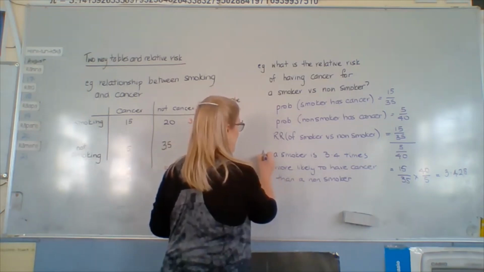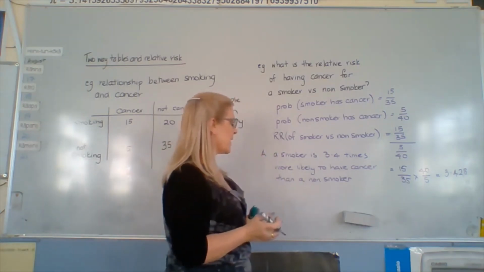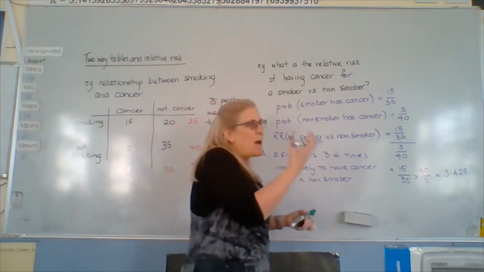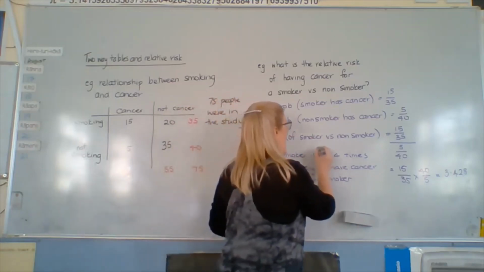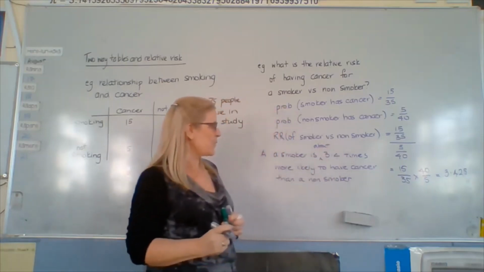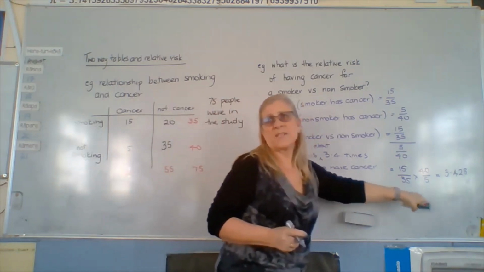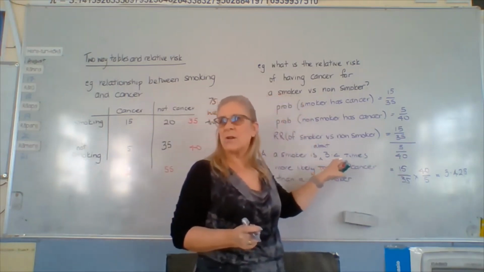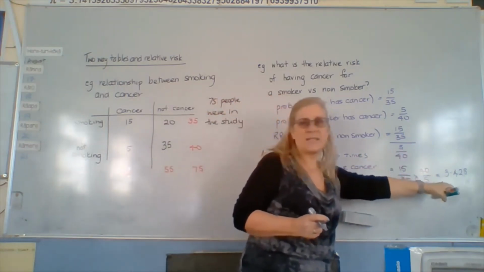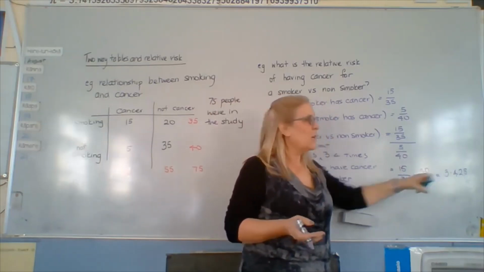So the answer: a smoker is 3.4 times more likely, and we probably could say about, just to cover the fact that it's not exact. About 3.4 times more likely to have cancer than a non-smoker. With the evidence though, pretty sure you're not going to get that wrong, because the evidence is there. 3 decimal places, whatever. All right.